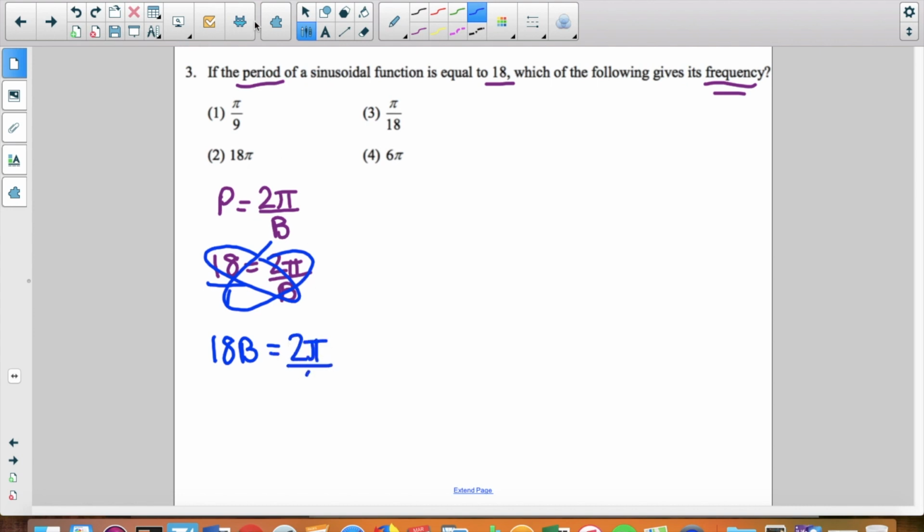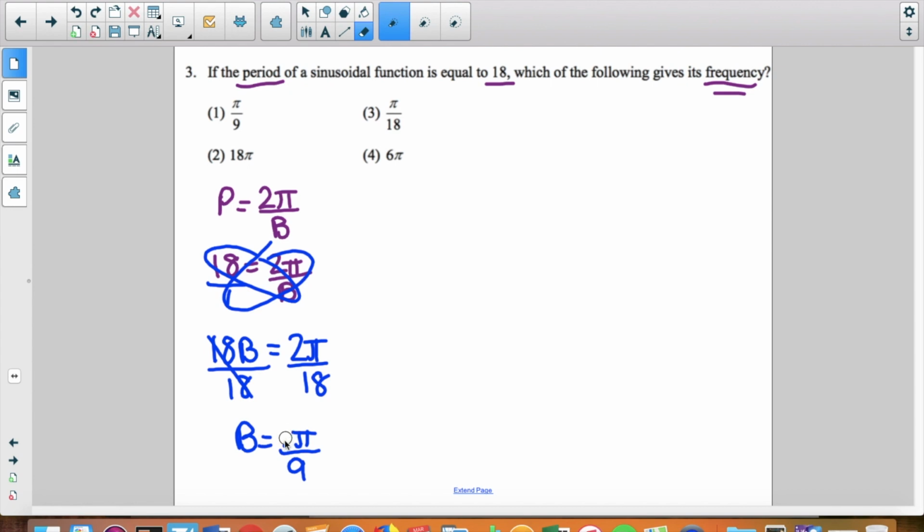Now, to solve for b, we have to divide both sides by 18. The 18 will cross out and we get b is equal to 2 over 18 simplifies to 1 pi over 9. But again, we don't really need that 1 there. So it just simplifies to pi over 9, which is answer choice 1.